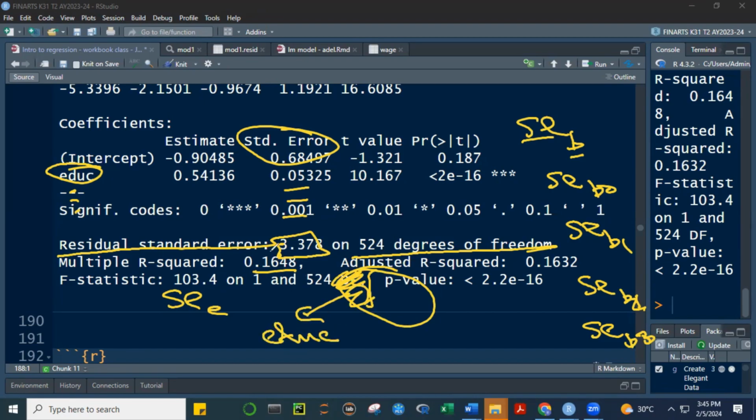E paano yung 83%? Aba, ito yung unexplained variance. Ito yung explained variance, explained by education. Ito yung unexplained variance. Sino mag-explain yan? That's where you can add other variables to try to explain your hourly wage. Okay?